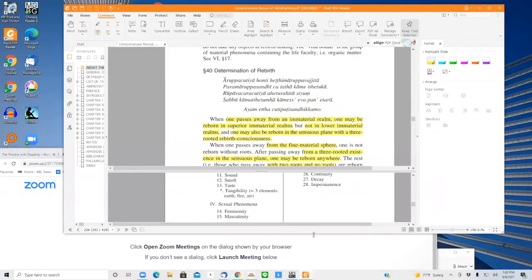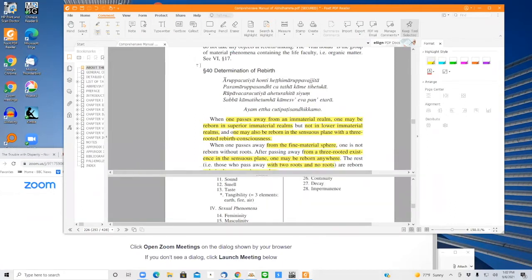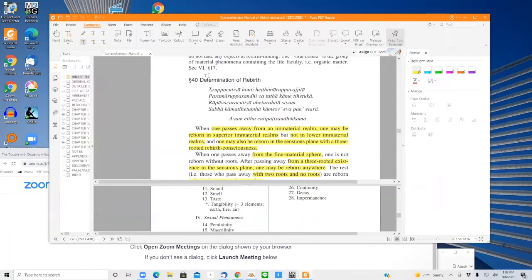Okay, do you see the image of the comprehensive manual here? Yes, with determination of rebirth? Yes, Bhante.